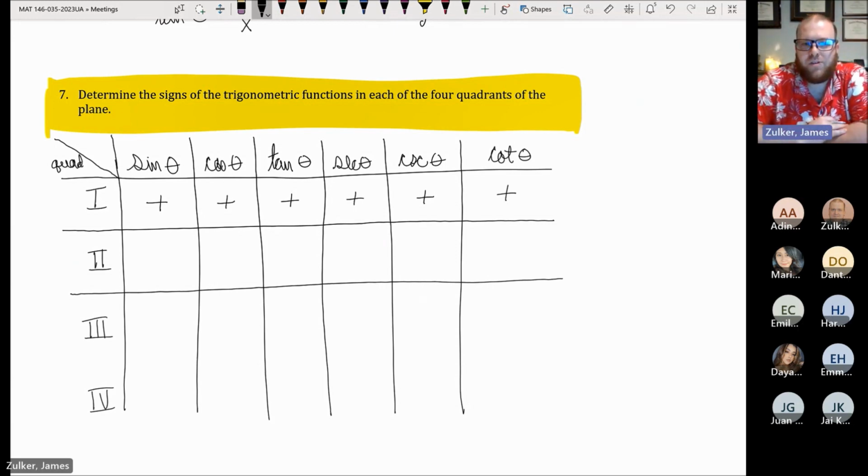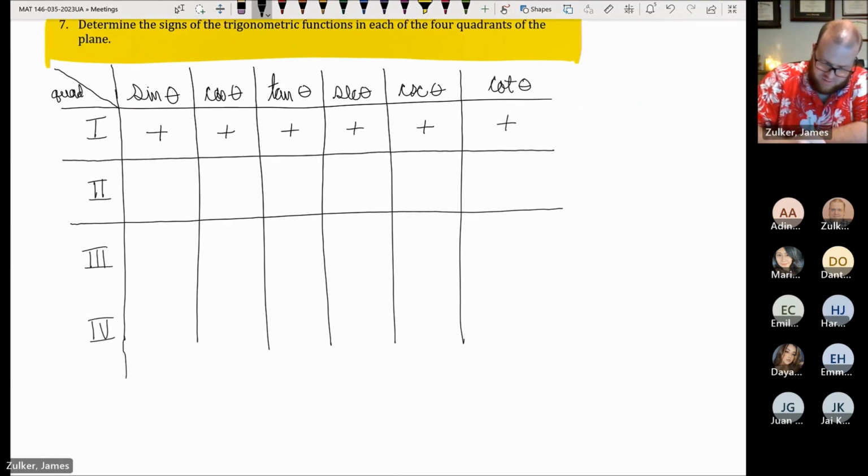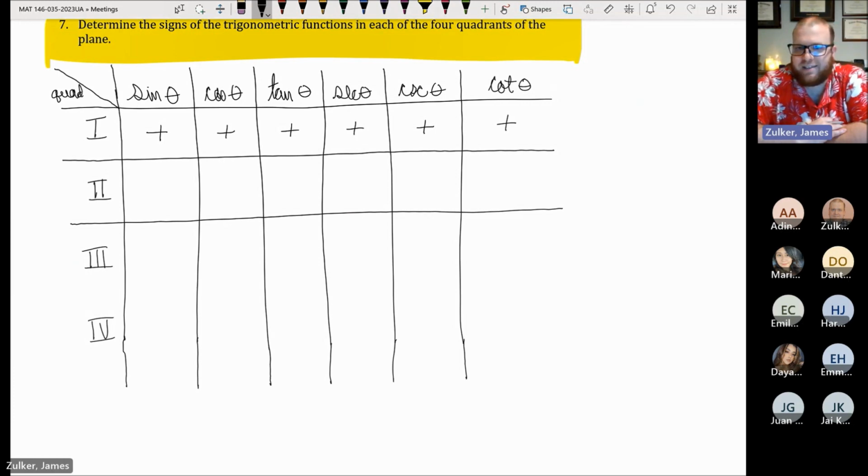In quadrant 2, x is negative, y is positive, meaning that the trig functions that involve x are negative. The others are positive. Well, sine and cosecant do not depend on x at all.